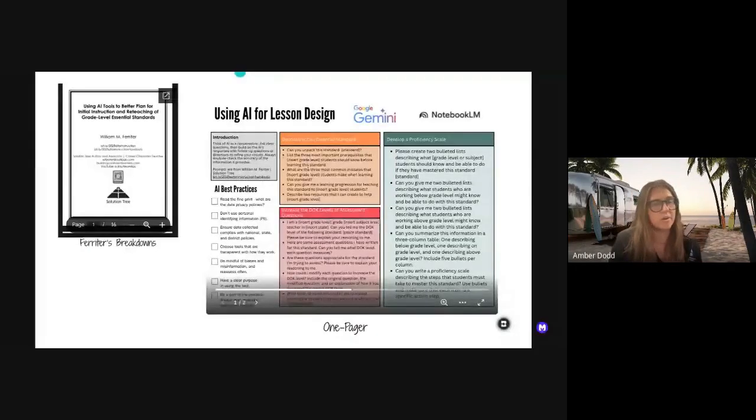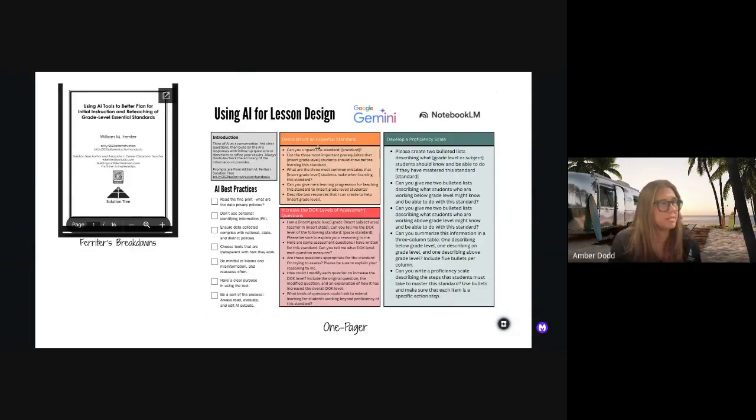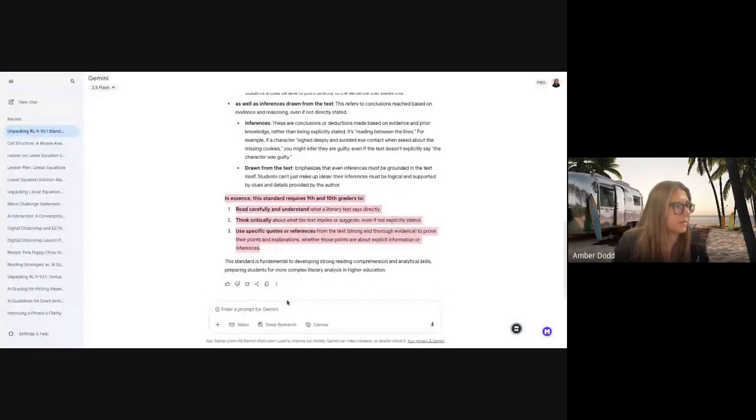So looking at our handout here, I'm just going to follow this yellow box here. So I put, can you unpack this standard? And now I'm going to say, list the 3 most important prerequisites. And I lost my Gemini chat. 3 most important prerequisites.